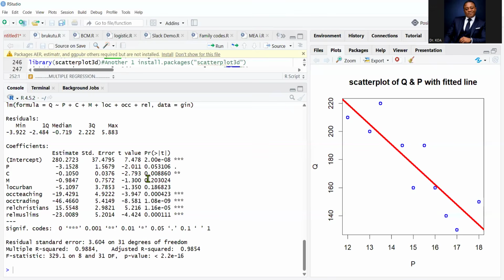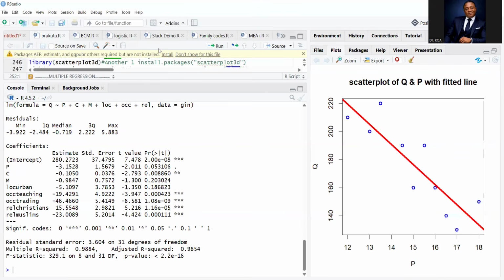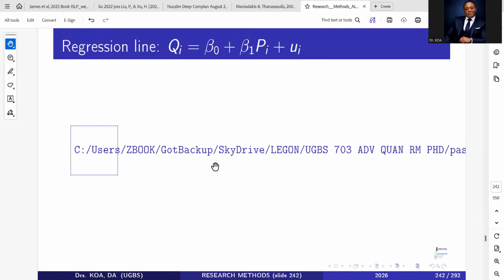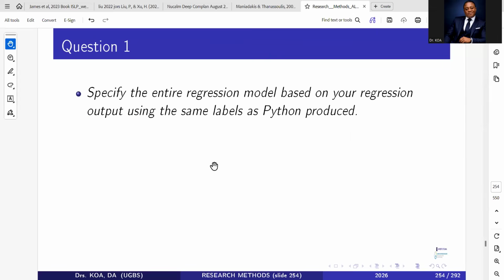When you run a multiple regression, this is what you get. And the first question, you're going to write it down. Please be used to writing the questions down; it will help you big time. Some of the questions are in your slide, and some of them are not. When I tell you to write it, please write it because it's not in the slides.